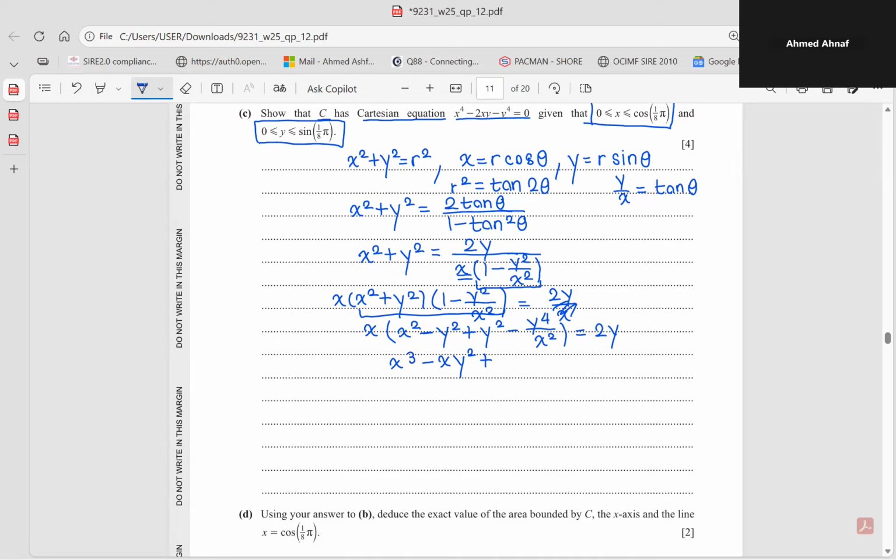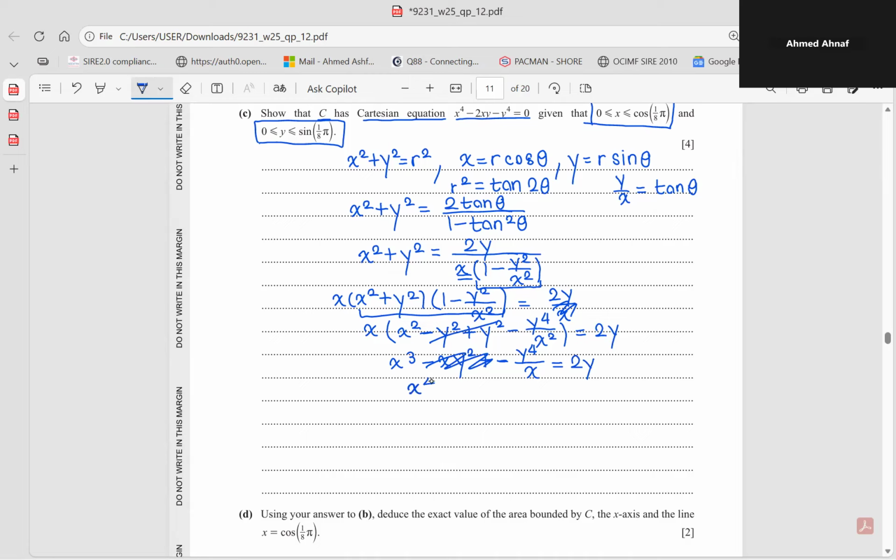Wait a minute. Okay, yeah, the y squared terms cancel out. So x cubed minus y to the power 4 over x squared times x, that's just 1 over x, equals 2y. So now multiply both sides by x to get rid of the denominator.